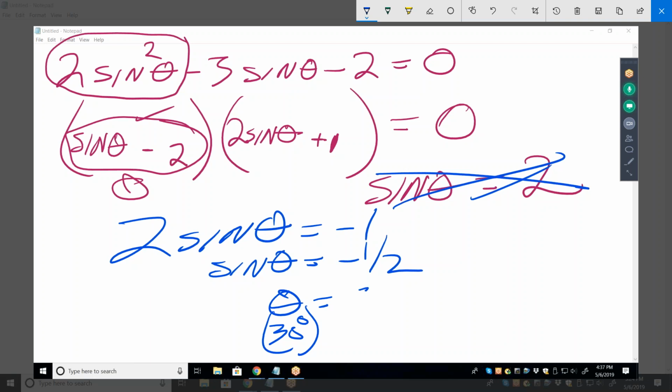So I'm going to write a 3 there and a 4 there. What is the third quadrant angle that is the equivalent of 30 degrees? 210. Yeah, and when I say the equivalent, I don't really mean they're equal, but they have the same trig function value, absolute value, sorry. And the fourth one? 330 degrees.